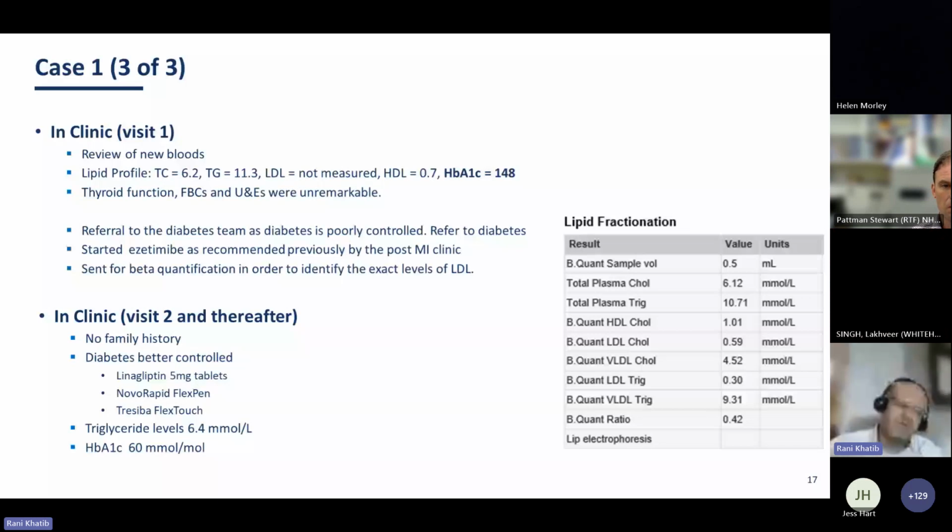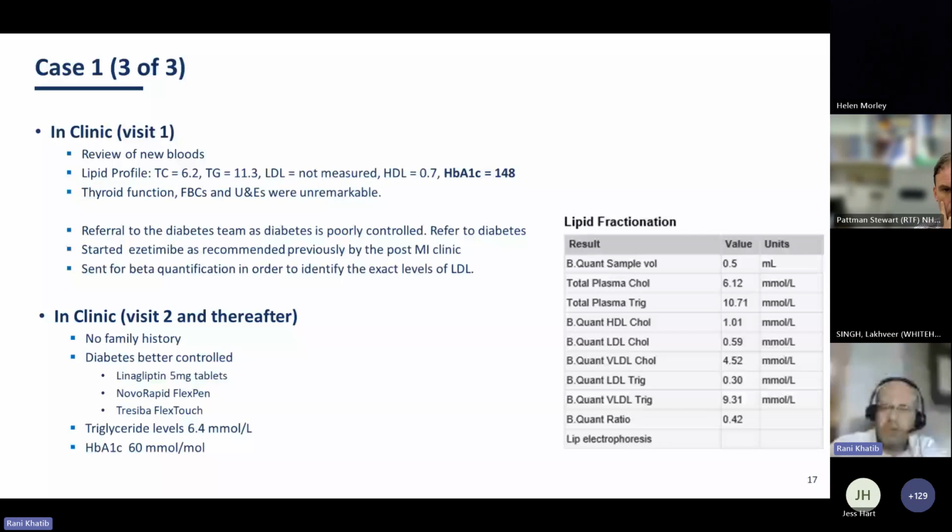So this patient was referred to us suspecting FH. But in actual fact, what was missed is that he had poorly controlled diabetes. Better controlled diabetes seems to have improved his triglycerides. And when we did his LDL directly with beta quantification, we found that his LDL cholesterol was very well controlled.